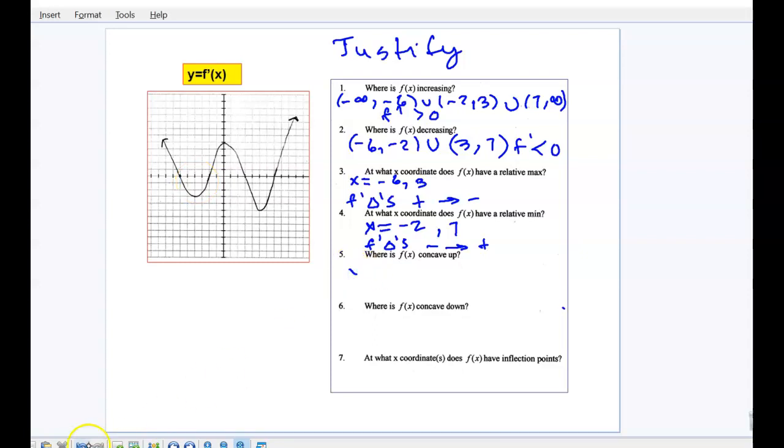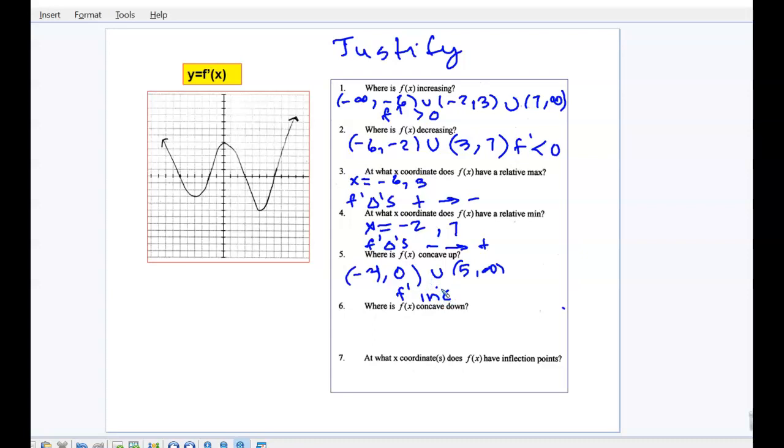So this is going from when x is -4, and it is increasing all the way up to 0, and from 5 to infinity. We would say that is where f prime is increasing.